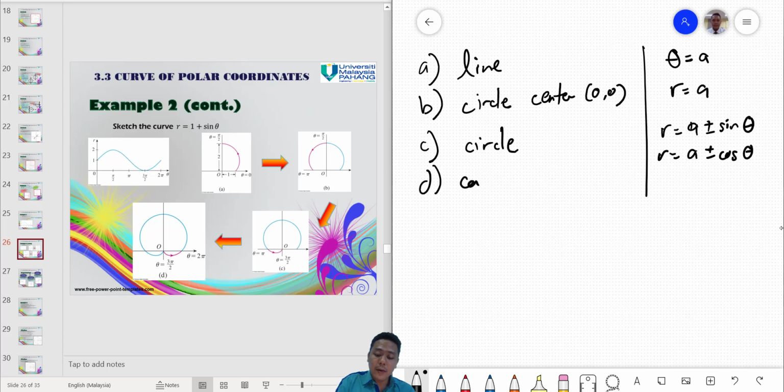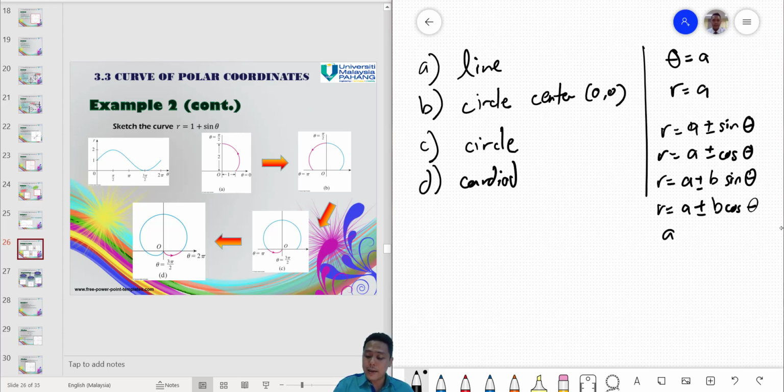We also already covered the cardioid, where the value of r can be either a plus b sine theta, or r equals a plus or minus b cos theta, but in addition a over b is 1.